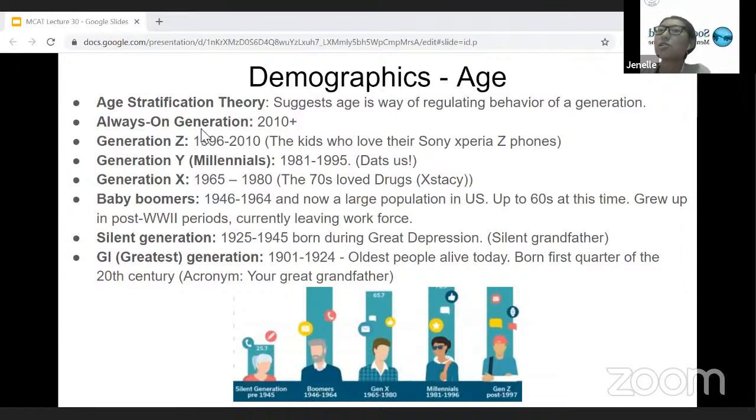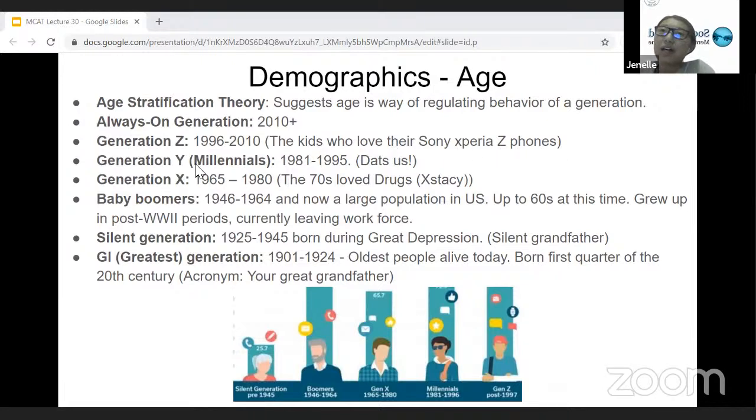So always on generation is anyone born 2010 and above, and Generation Z is anyone born between 1996 and 2010. A way to remember it is the kids who love their Sony Xperia Z phones. So Generation Z for those Sony Xperia Z phones.